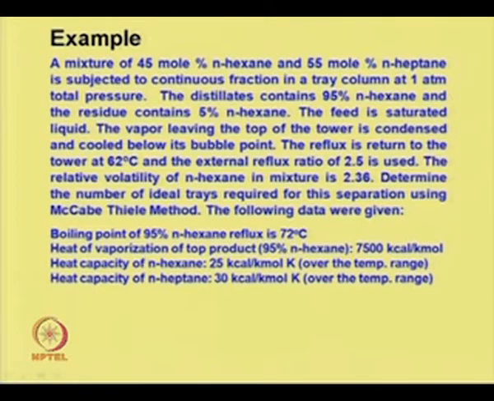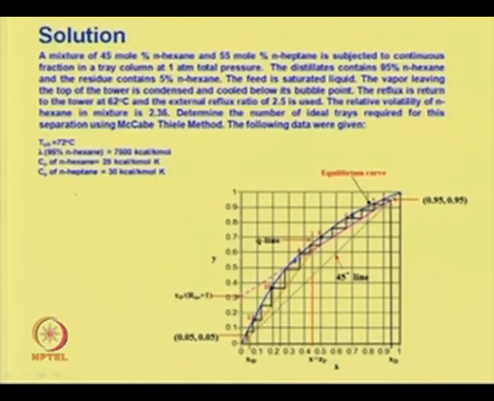Heat capacity of n-hexane is 25 kilocalorie per kilomole Kelvin and heat capacity of n-heptane is 30 kilocalorie per kilomole Kelvin. So, we can calculate the heat capacity of reflux from the data given.